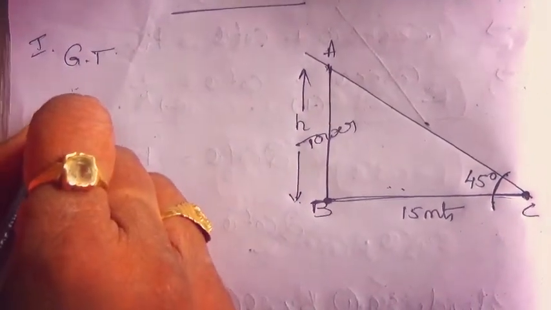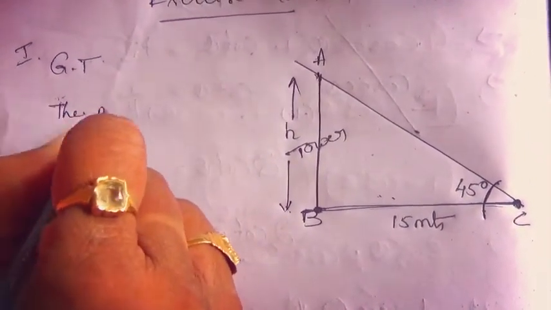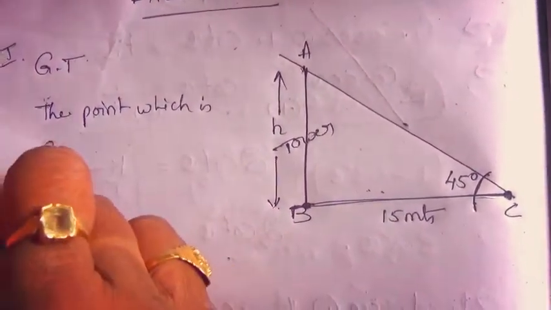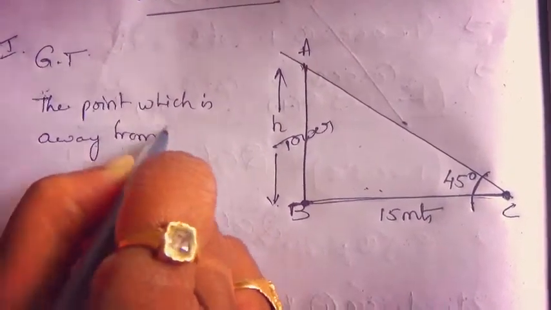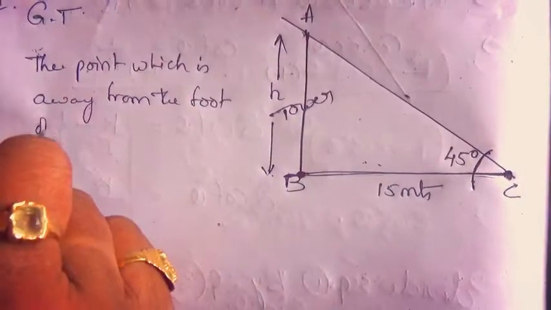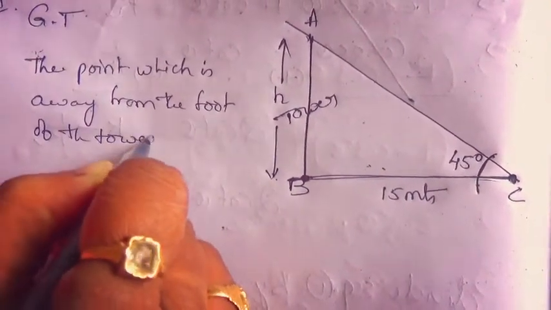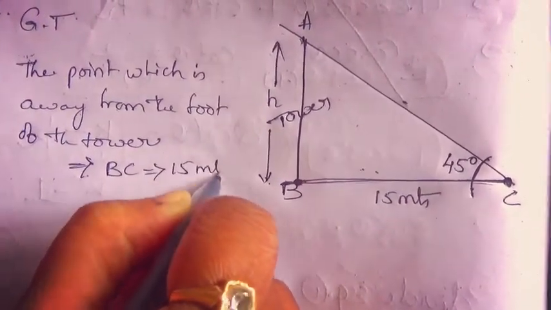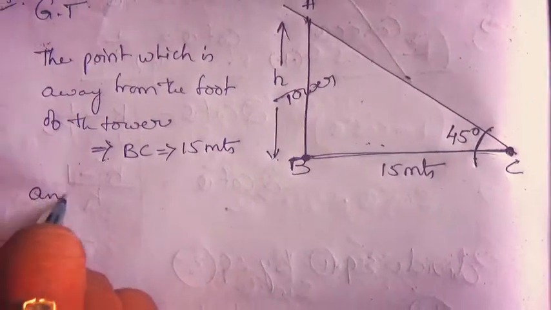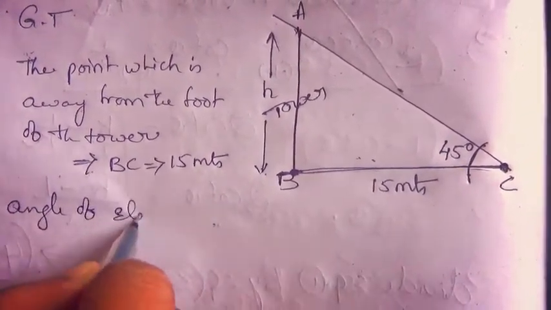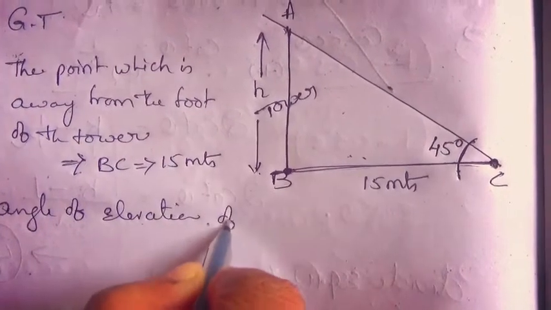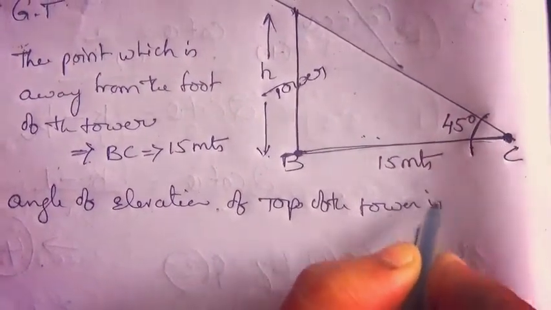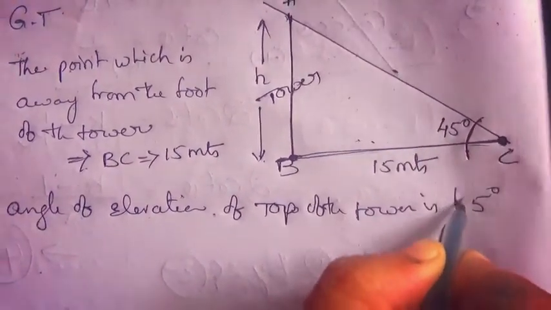The point away from the foot of the tower, that is BC, is equal to 15 meters, and the angle of elevation of the top of the tower is 45 degrees.